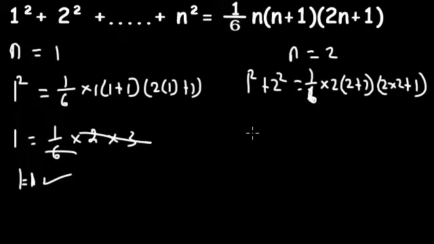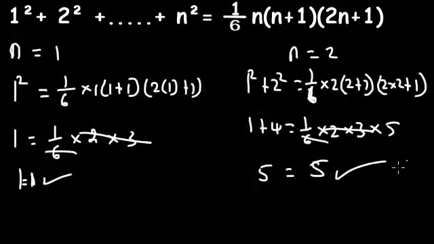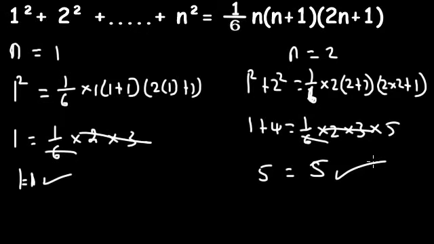And for the left hand side, we have 1 plus 2 squared is 4. And we have 1/6 times 2. 2 plus 1 is 3 times 3. Again, times 2 times 2 is 4 plus 1 is 5. So 1 plus 4 is 5 right here. And 2 times 3 cancels out 6. And we have 5 to be equal to 5. So it means the equation is true for n equals 1 and n equals 2. And therefore, the first case is passed.